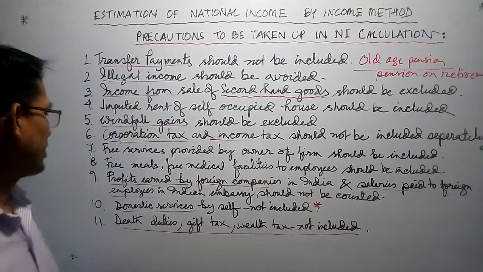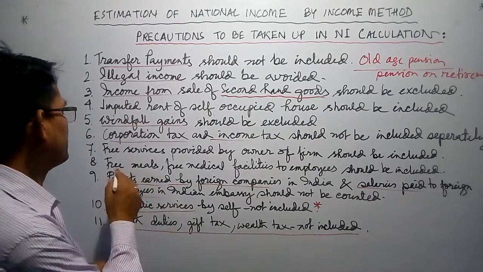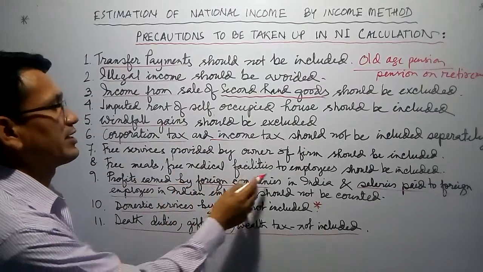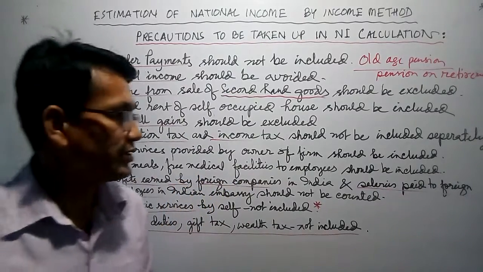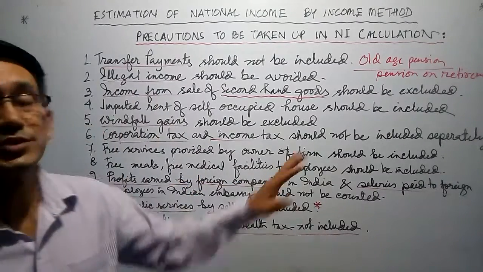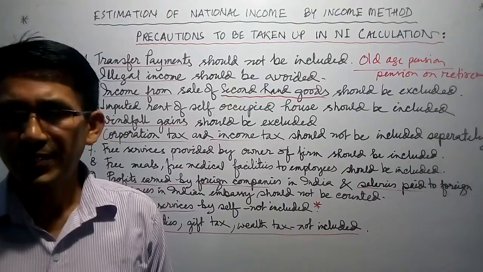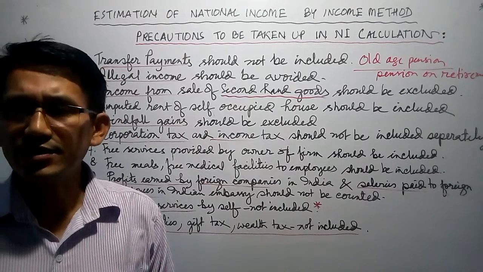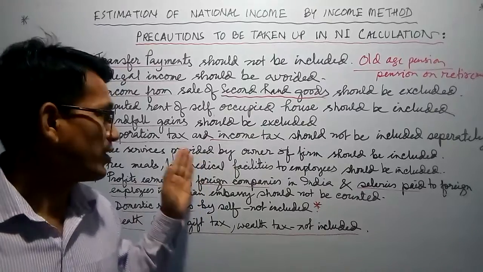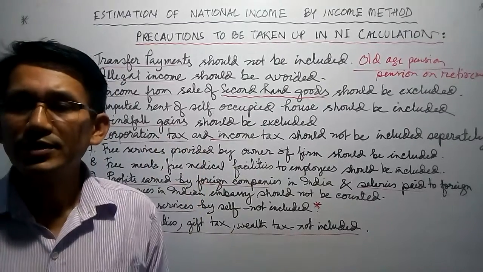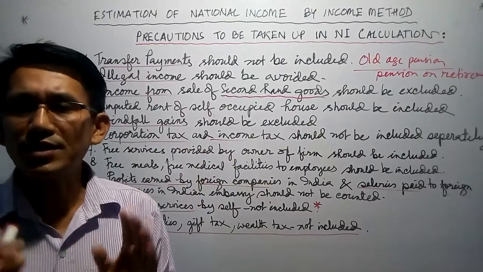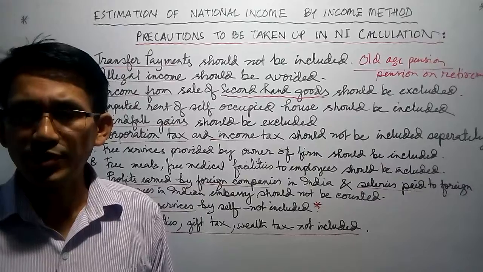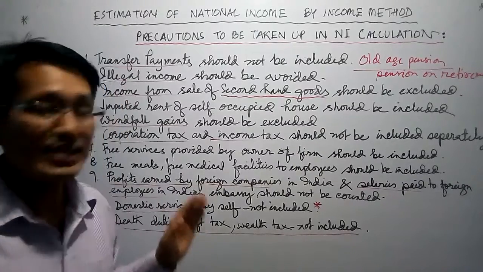Then the next point is free meals and free medical facilities to employees. Whether they should be included or not, of course they should be included. Why are they to be included? They are to be included because these are part of the compensation of the employees as wages in kind.